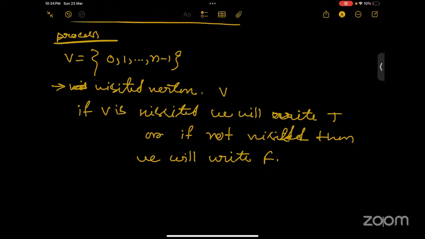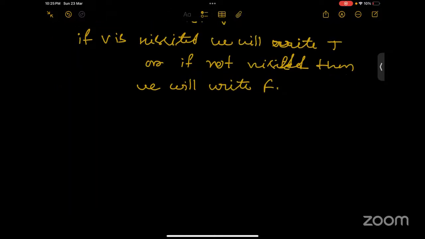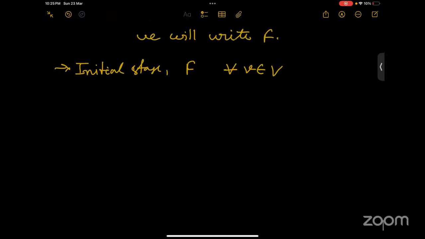In the initial stage, all will be false, for all the vertices. Then we will explore the vertices and write true, and continue up to the end stage, that means the stage when all the vertices are visited, true for all. And we will form a queue.